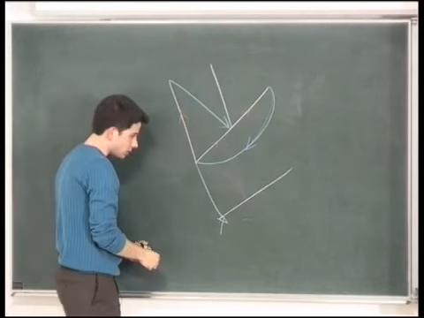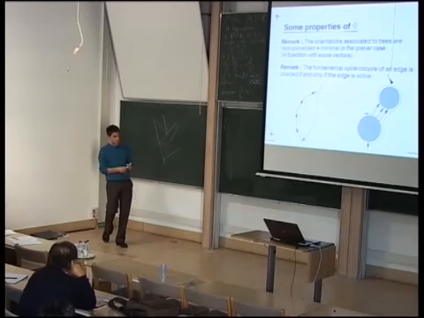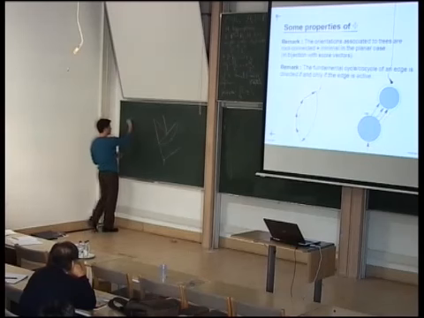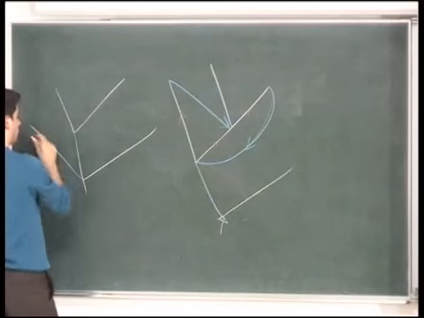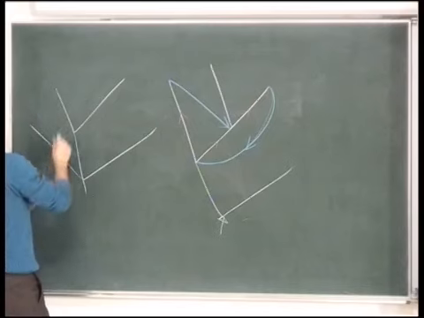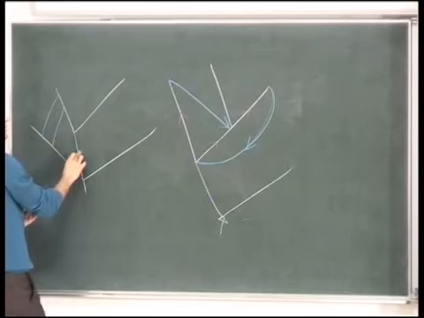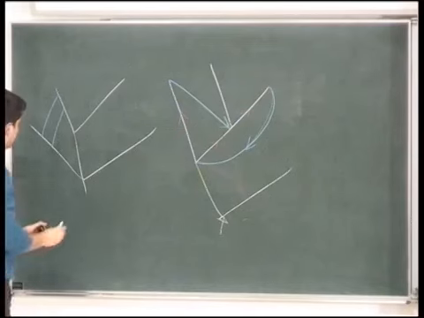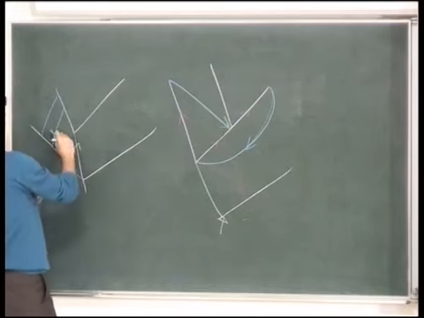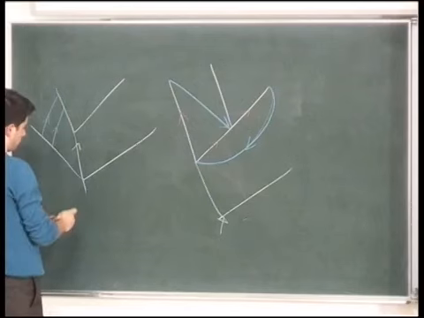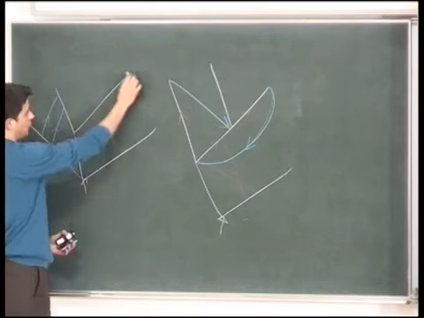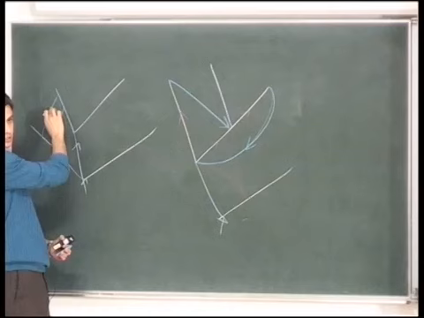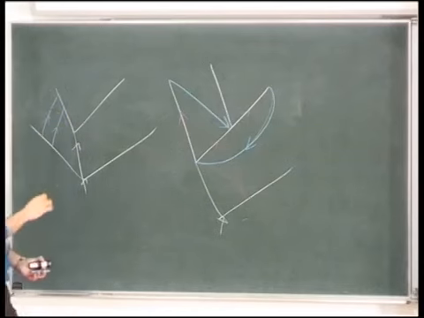There are similar properties for the cocycles. If I look at this edge, this is active, and the cocycle will be directed because I will encounter all these alpha edges first.